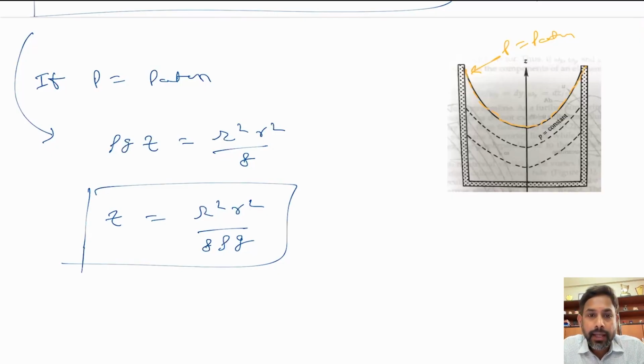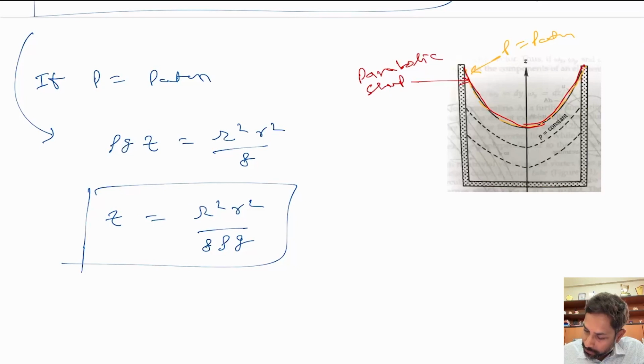So you can see how z is following a parabolic value against r, and that is why this shape that you get here is a parabolic shape which follows z as a function of r square. Okay, and that is given by this.